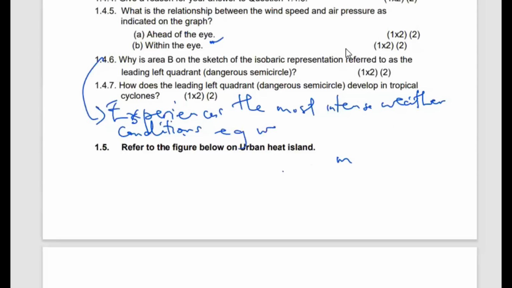We can talk of very strong winds. Why does it experience this? Why is it worst in that area?